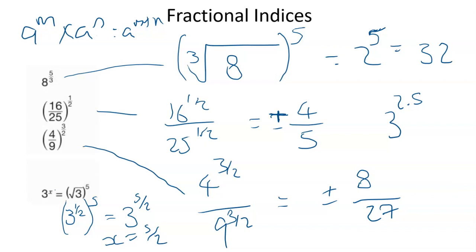You'd still just add them together or multiply them together like we did here. It's just, what does this fractional index actually mean? If you're left with a fraction at the end, it means a root of the order of the denominator, and it means a normal power of the order of the numerator.